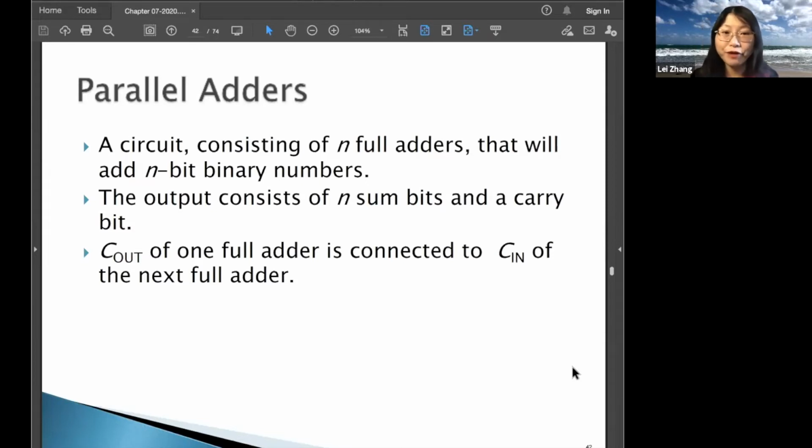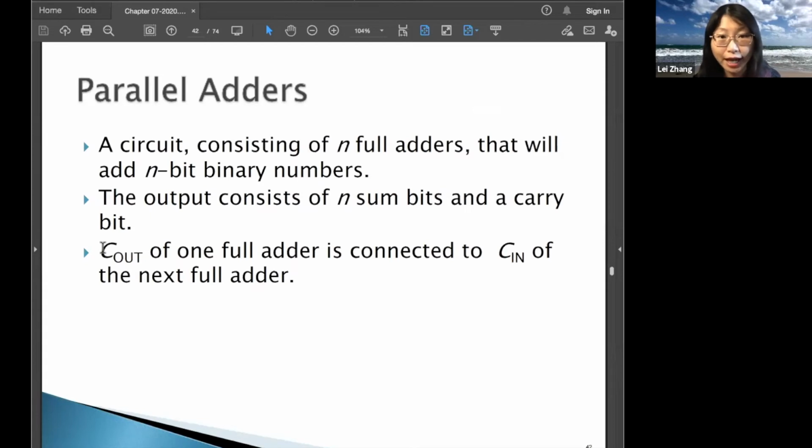Instead of one single bit, we can have a 32-bit value plus a 32-bit value. That means we have to have 32 parallel full adders, and then chain the carry out bits together to create a ripple carry. So what do I mean by that?